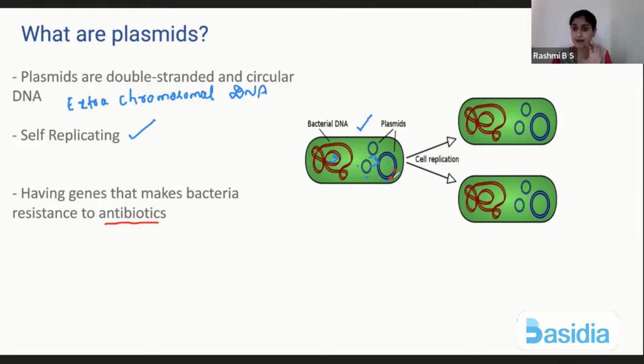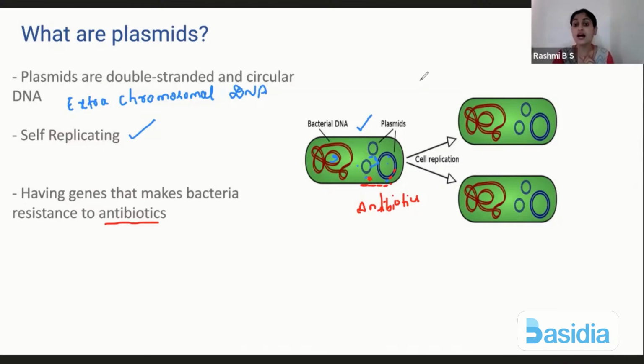The plasmid contains genes which make a protein, and the protein protects the bacteria against antibiotics. Whenever an antibiotic comes near the bacteria to kill it, the proteins made by the bacteria give a protective cover and shield the bacteria from antibiotics.